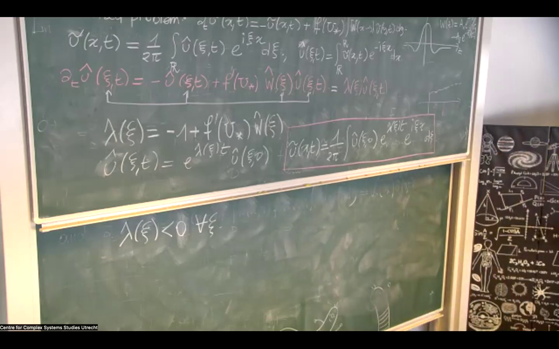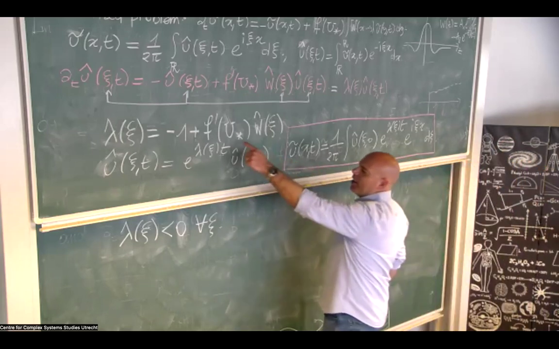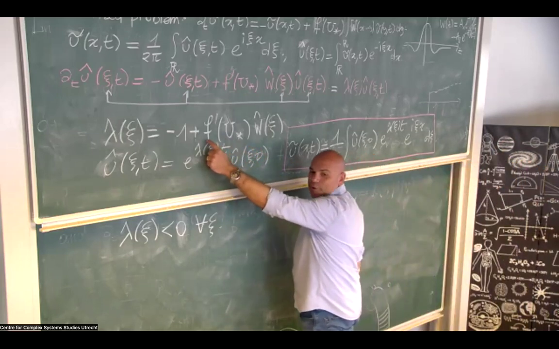What's happening across a Turing bifurcation is that you're changing P. And when you change P, you are changing U star and you are changing F prime.